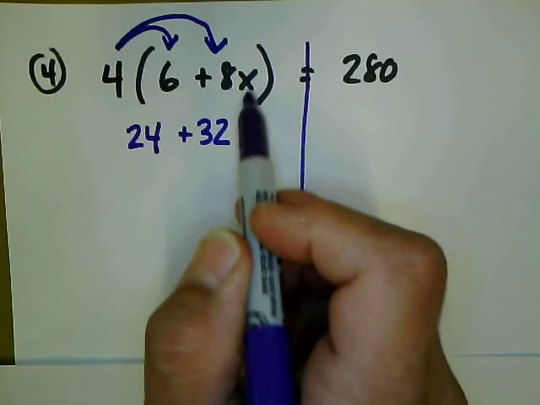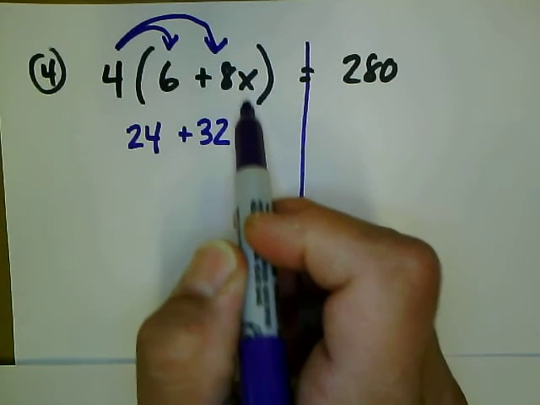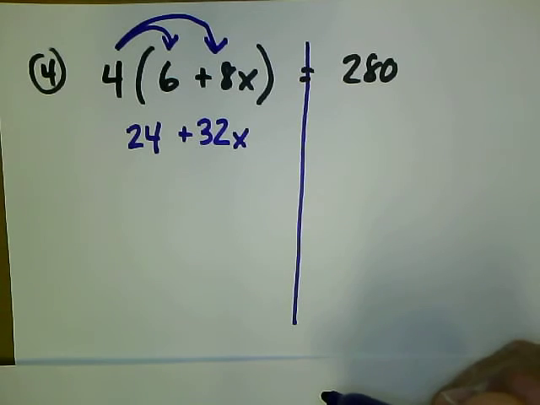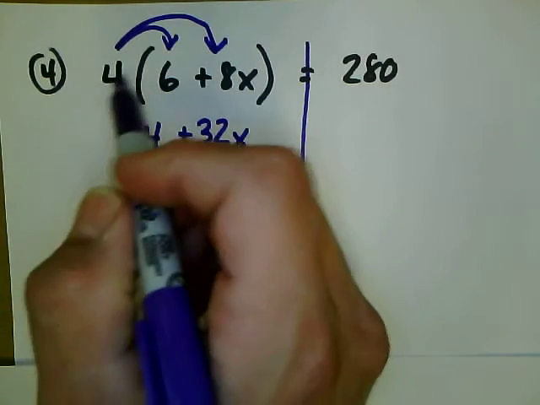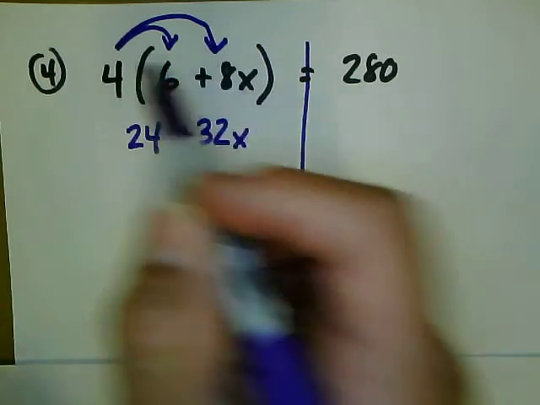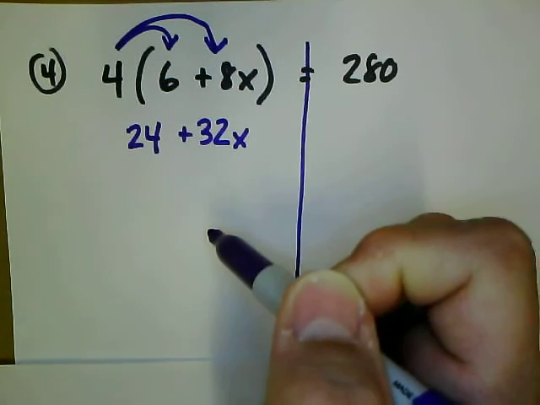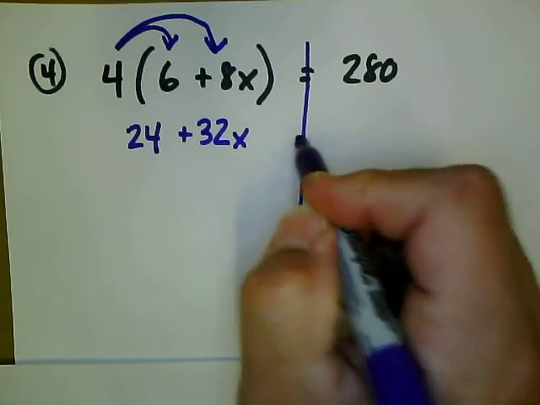Nope. What is that thing? Nope, it's not negative 8. X. So we have to make sure that when we add those together, we add the X in there. Because we're adding X's. Believe it or not, there would be like an X to the 0 here, and that's an X to the 1. 0 plus 1 is 1. All right? That's also what we did at the very beginning of the year.